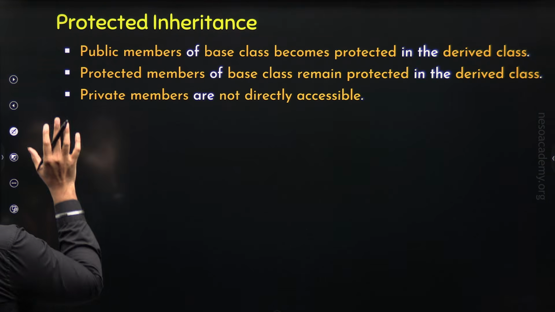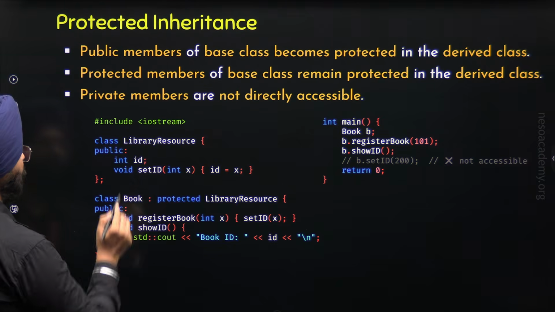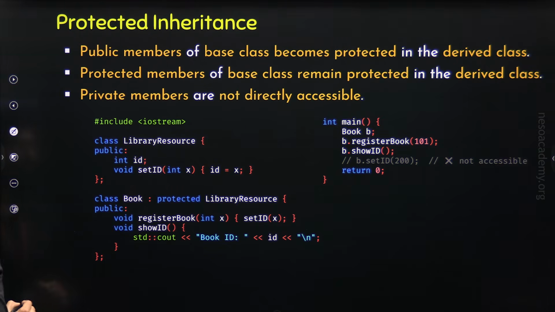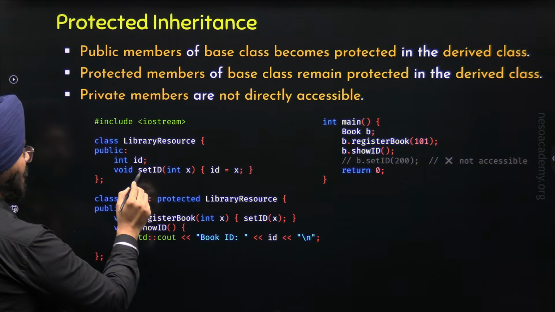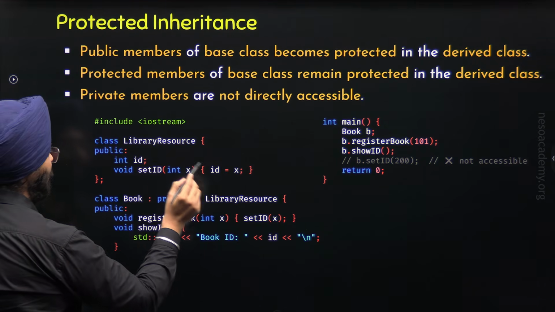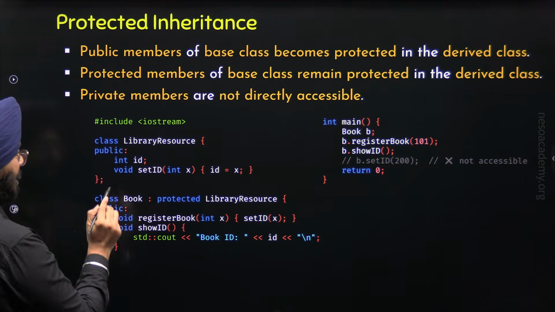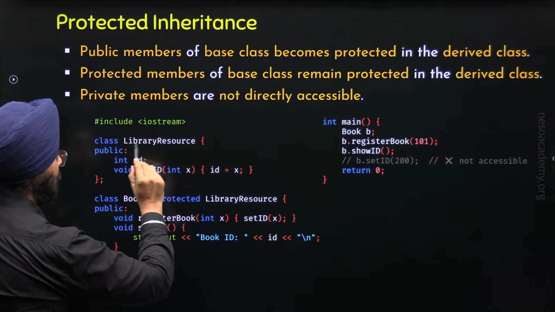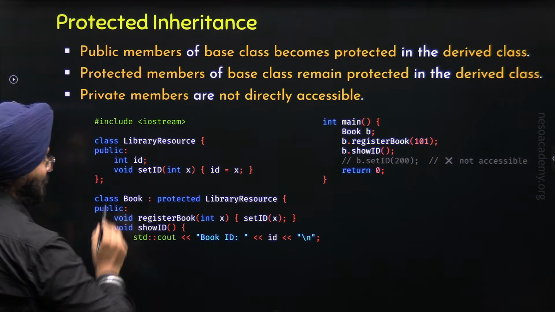Now let's understand protected inheritance properly through an example program. Here we have this class LibraryResource with public members ID and setID. Through the setID member function, we can set the ID with a specific value. Here is the class Book, which is inheriting from the LibraryResource class. And here we have the protected inheritance.